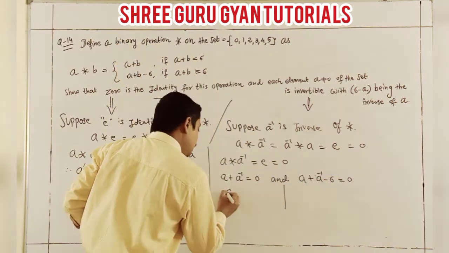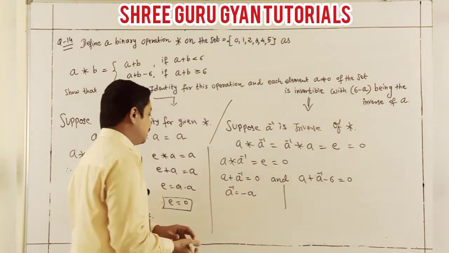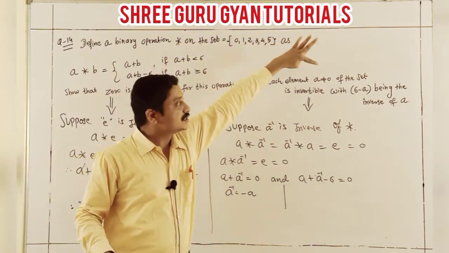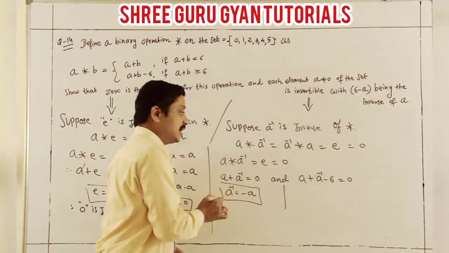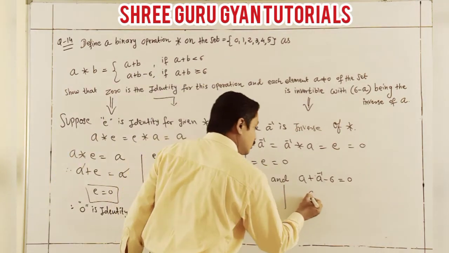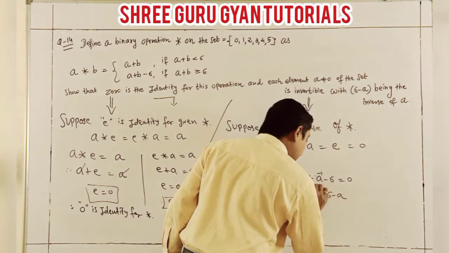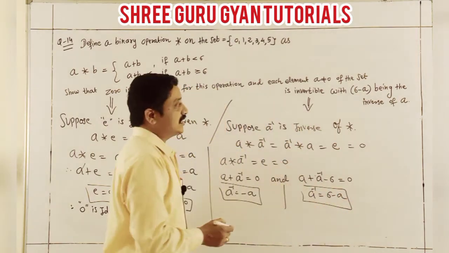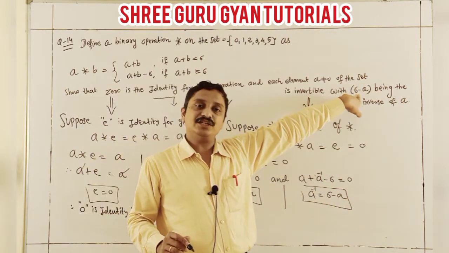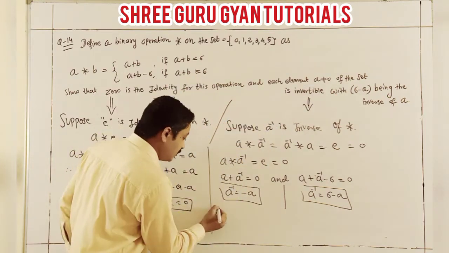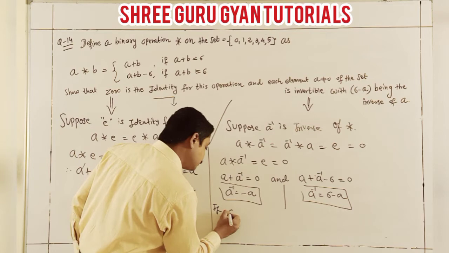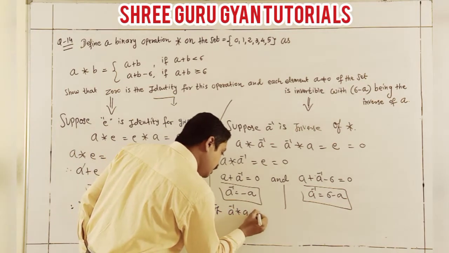So what are we getting here for A inverse? Minus A. That is not valid under our conditions, so these are not the answers. Here is your answer. Check. A inverse is equal to what? 6 minus A. And that proves that 6 minus A is your inverse part. Similarly, if you take A inverse binary A is equal to e, it is the same concept.